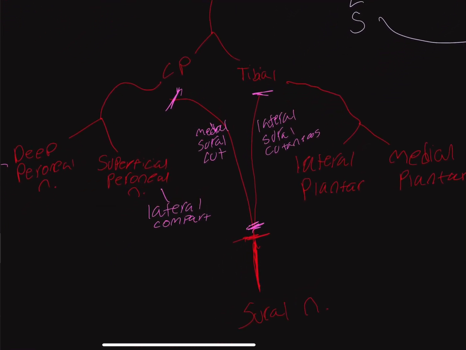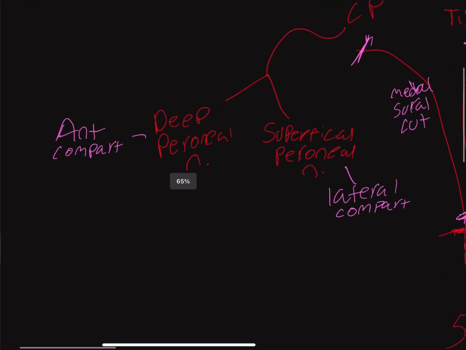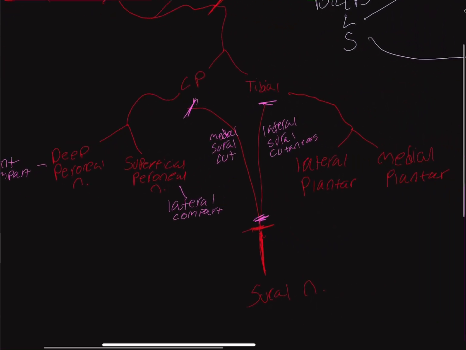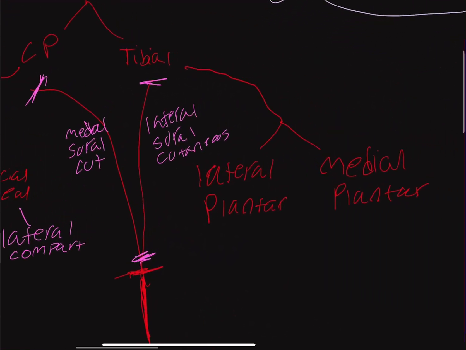In the popliteal area, it turns into your common peroneal and your tibial. Your common peroneal turns into your deep peroneal and superficial peroneal. Your tibial travels posteriorly past the medial malleolus, underneath, and goes to the lateral plantar and medial plantar nerves.